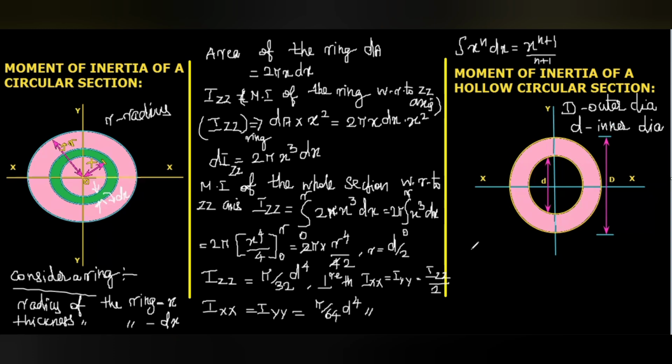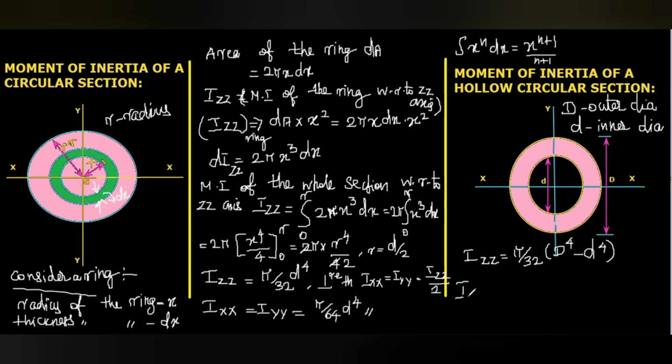Then for Izz, we can take pi by 32 times capital D power 4 minus small d power 4.